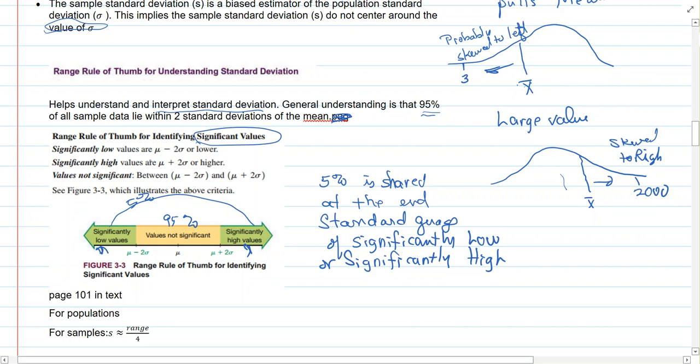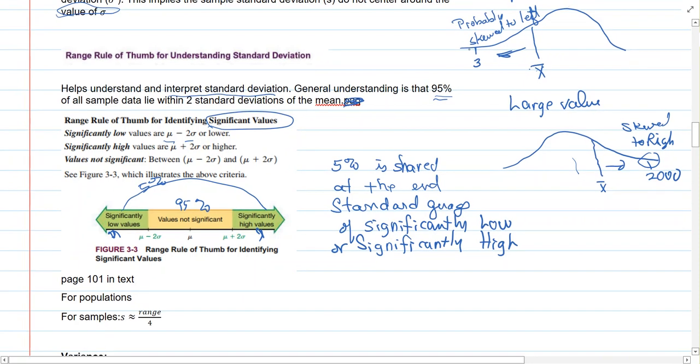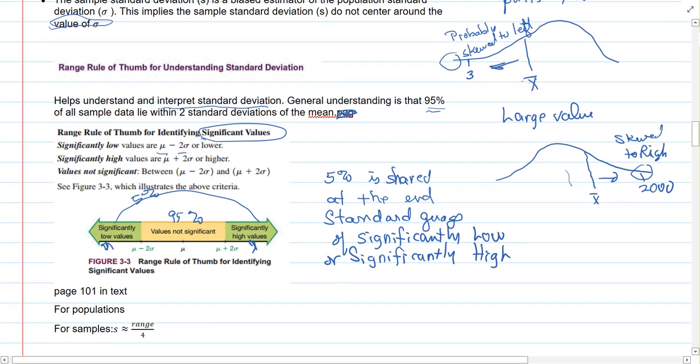Significantly low values are mu, that's for population mean, minus twice the standard deviation, 2 deltas or lower. So that gives you the movement from the mean of where the data lies. And I remember, if it's significantly high, it's kind of skewed to the right. If it's significantly low, it's skewed to the left.